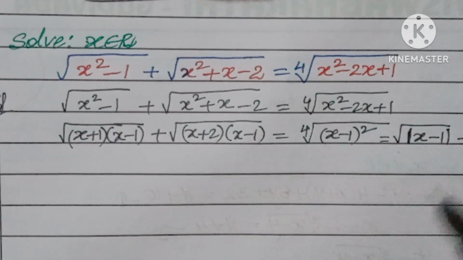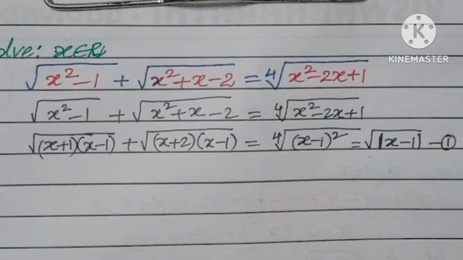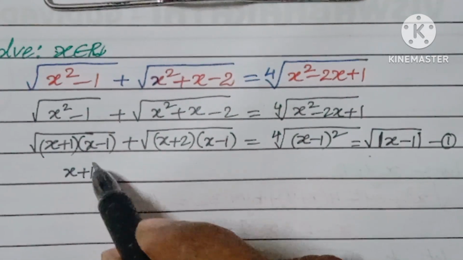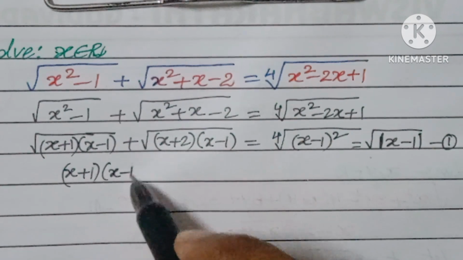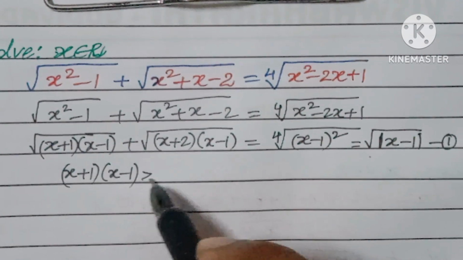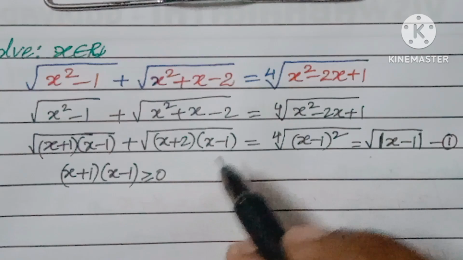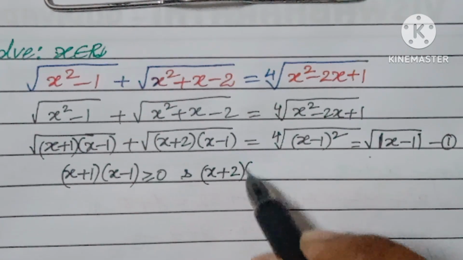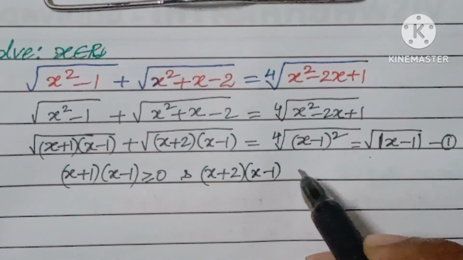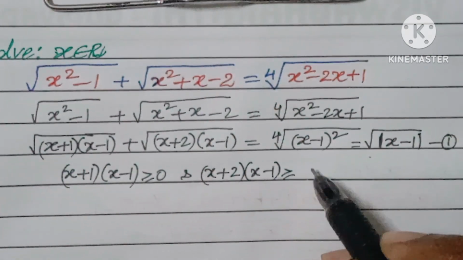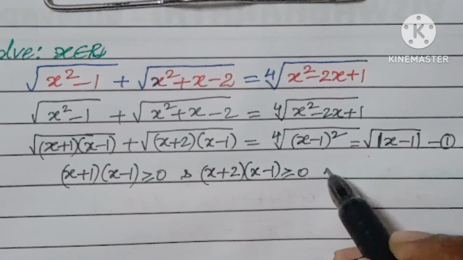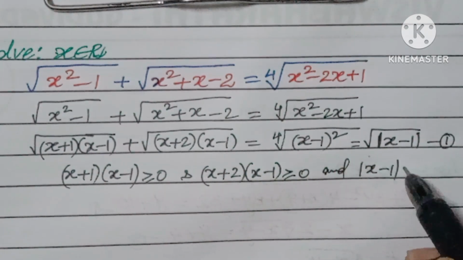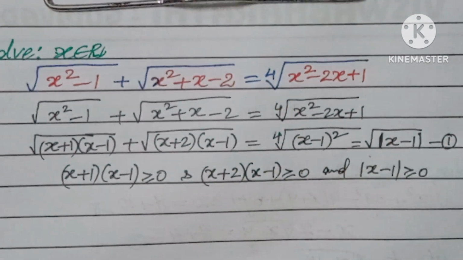Now here, x plus 1 into x minus 1 will be greater than or equal to 0 because it is in the root, and x plus 2 into x minus 1 is also greater than or equal to 0, and mod of x minus 1 is also greater than or equal to 0.